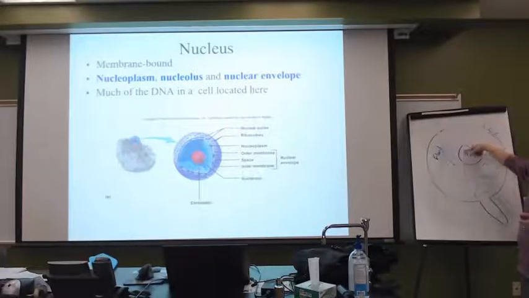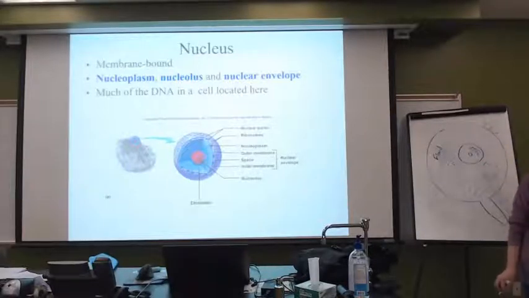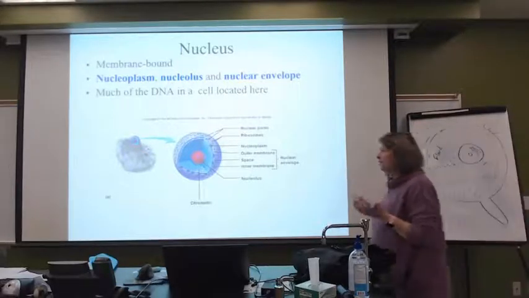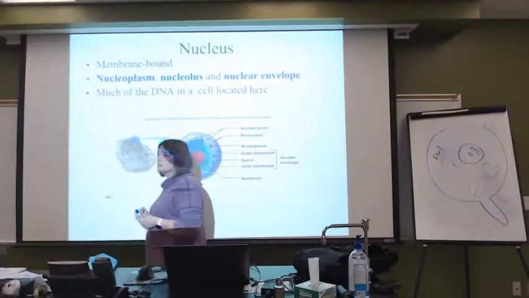The fluid existing around it is the nucleoplasm, and they refer to this double layer membrane as our nuclear envelope. This is the area that we find our chromosomes, our DNA. DNA never leaves the nucleus of the cell.